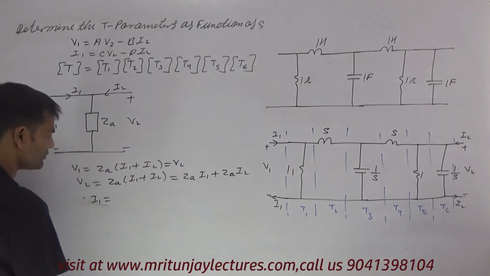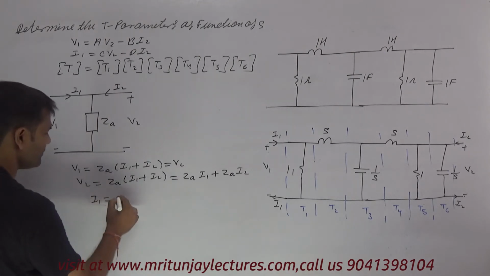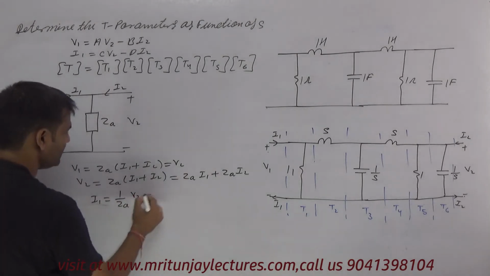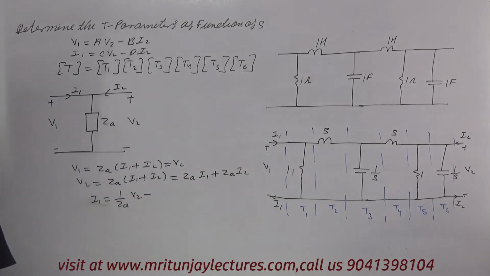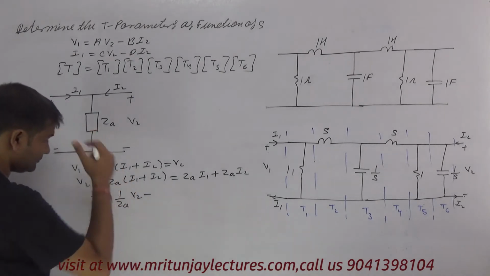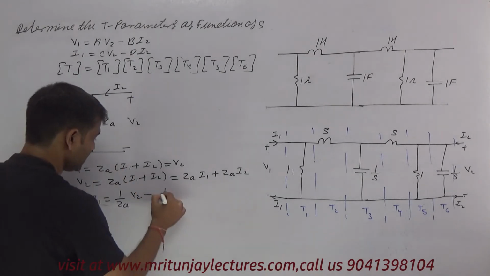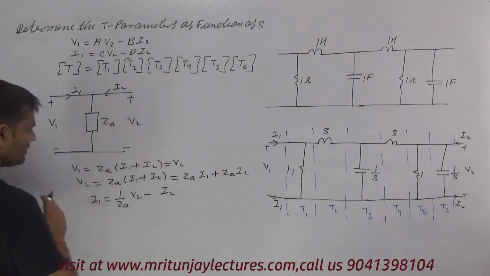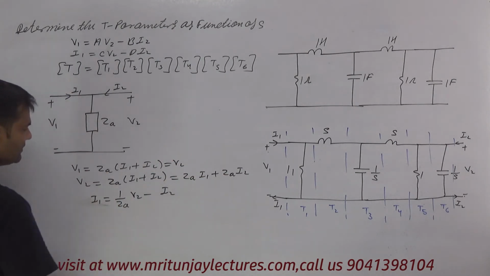So what about I1? I1 is written as 1 by ZA into V2 minus I2. Very simple. And what about V1?